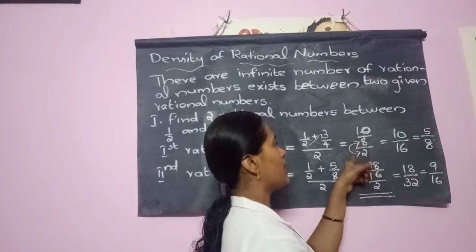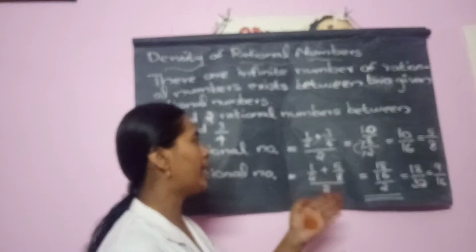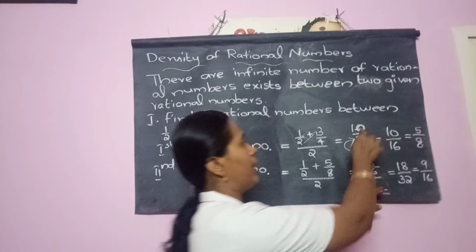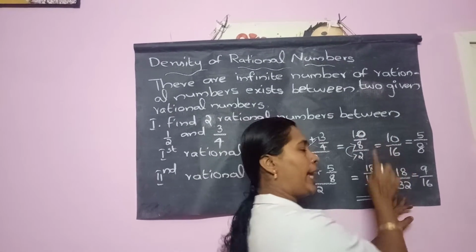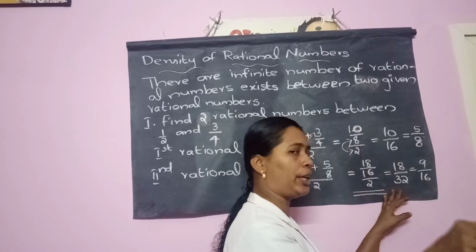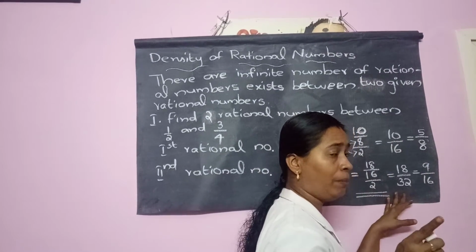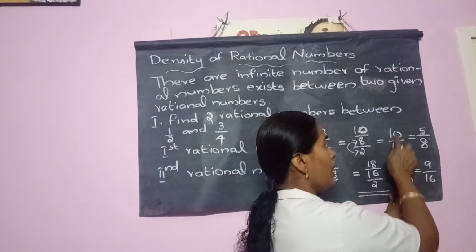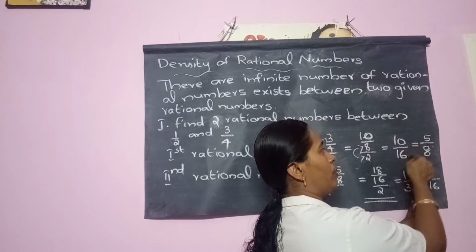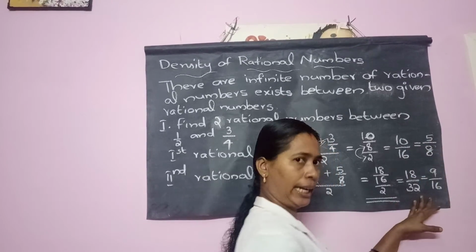We write their product: 10 divided by 16. Either you keep 10 by 16 and continue, or if you want to make it short, the standard form, divide both by 2. We have 5 by 8.